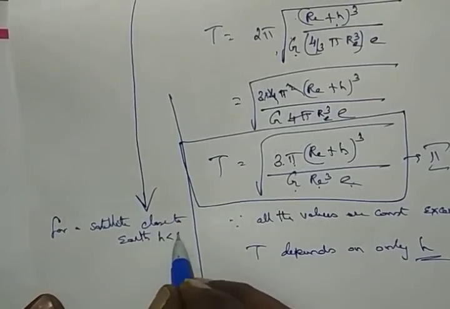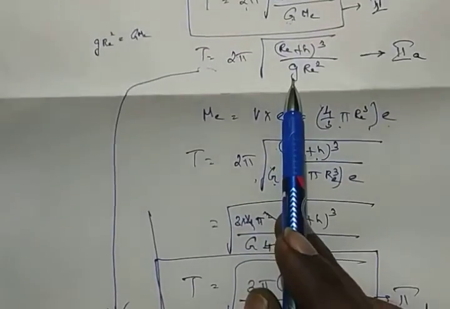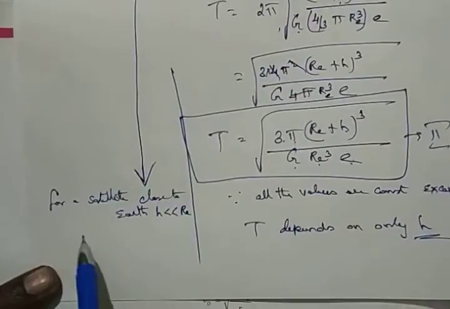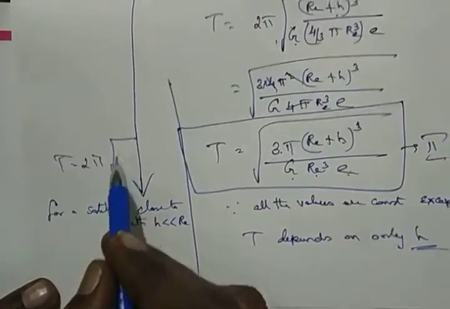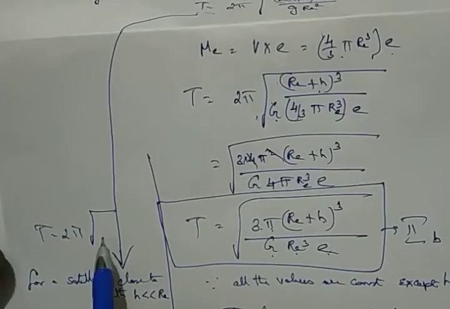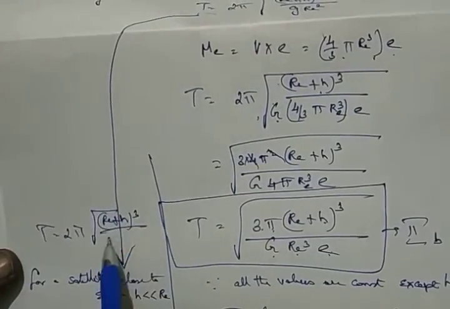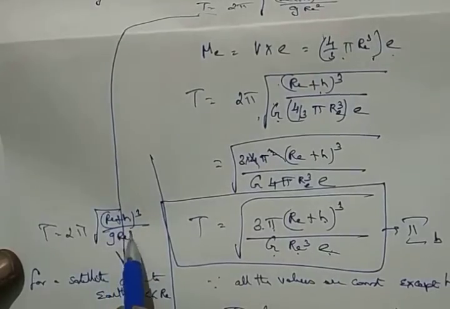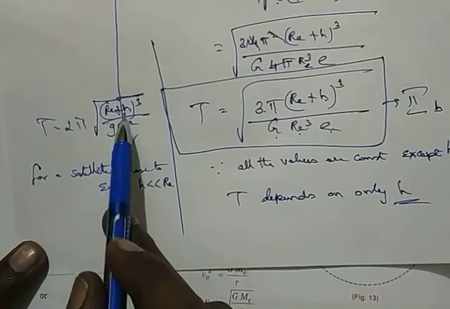So height is less than Re, very very small. So I'm going to take this formula. T is going to be equal to 2 pi into under root of Re plus h the whole cube upon G Re square. This is the formula we already know. Now look at this one. Height is very small.